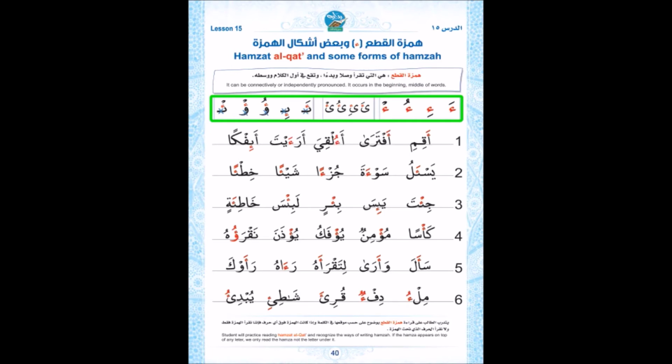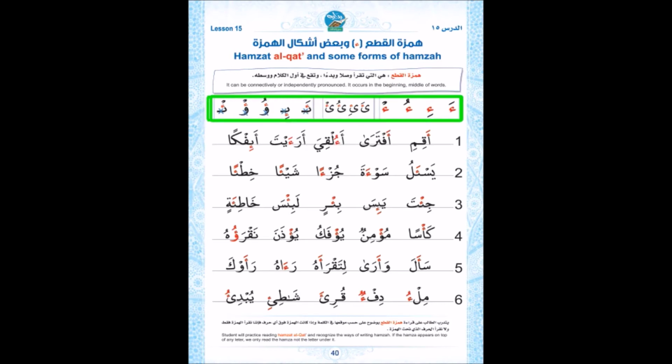The first box, this explanation box, shows Hamza Fatha, Hamza Kasra, Hamza Dhamma, so the student can read this A, I, U. And then in the second box is the same exact sound, just the Hamza is drawn on top of the Ya.